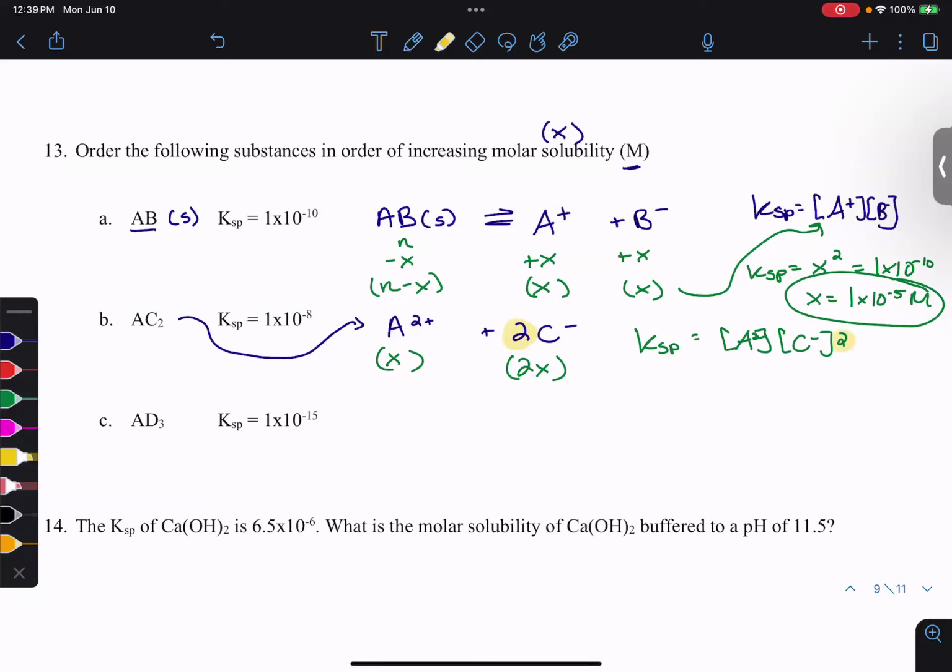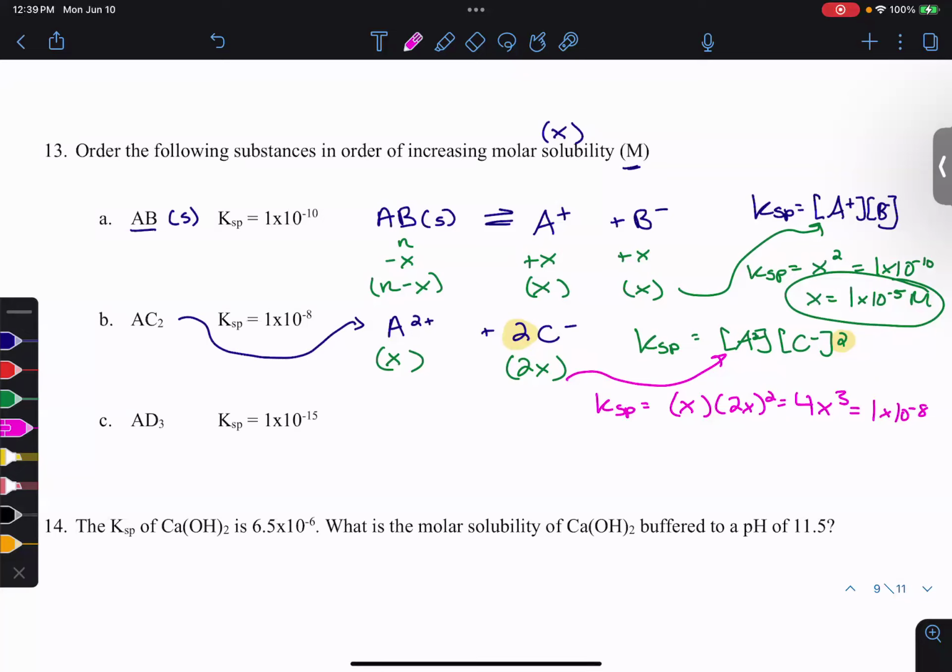I know we took away the squares, or the stoichiometry, for a while with weak acids and weak bases, but it comes back for Ksp. Then to put your Ksp in terms of molar solubility, this is where we put in those X's. So Ksp is equal to X times 2X squared, or if you simplify this, 4X cubed, and it is equal to 1 times 10 to the negative 8.